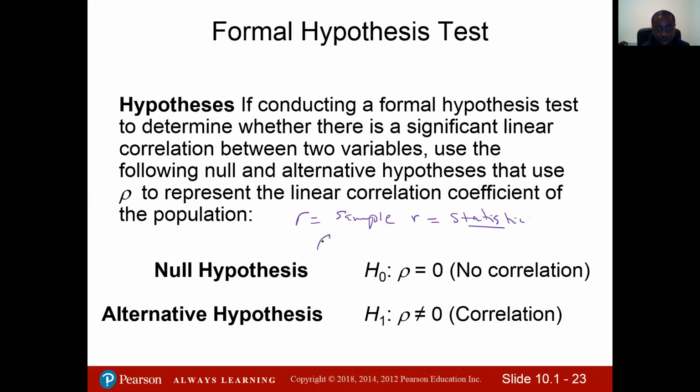And then the rho is the parameter. And so we use the R to estimate the rho. If I say that rho equals 0, it's like saying there's no correlation. That's your null hypothesis. And then your alternative is rho not equal to 0. So this makes it a two-tailed test.